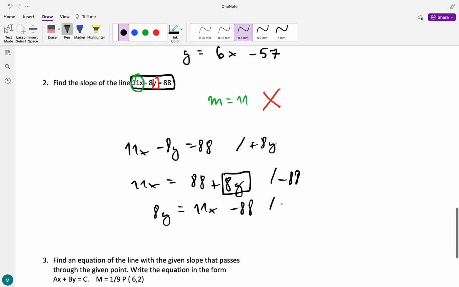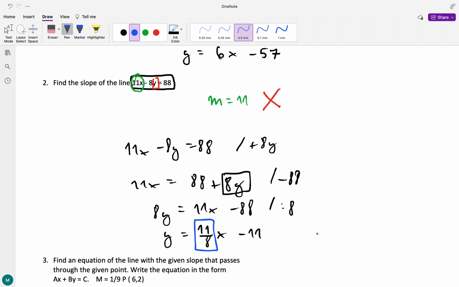Last thing that you have to do is divide by 8 so you can have y on its own, and you will see that the slope is 11 over 8 x minus 11, because 88 over 8 is just 11. So it's 11 over 8, not 11. So always do the math if you're not sure.